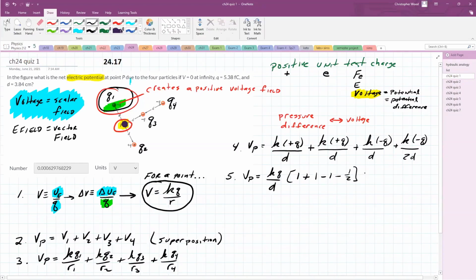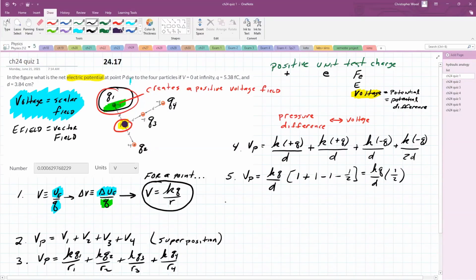Which equals KQ over D times 1 plus 1 is 2, 2 minus 1 is 1. So it's 1/2. I think that's the answer.